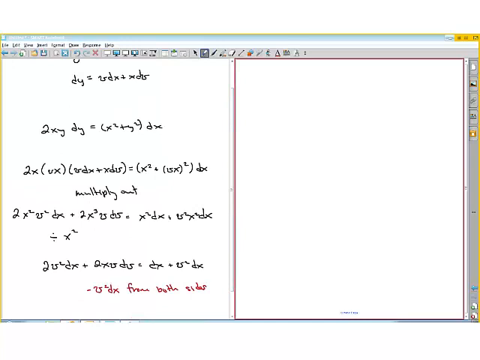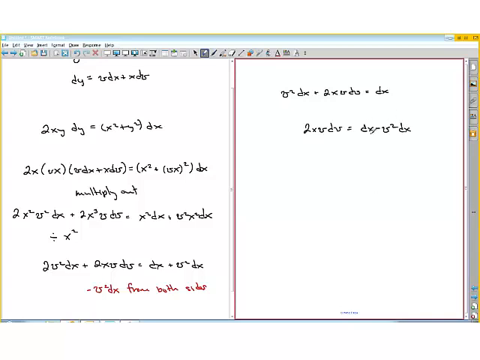So 2 minus 1 is 1, so I get v squared dx plus 2x v dv is equal to dx. Okay, let's move everything involving dx to the right-hand side, everything involving dv to the other side. So we get 2x v dv is equal to dx minus v squared dx.